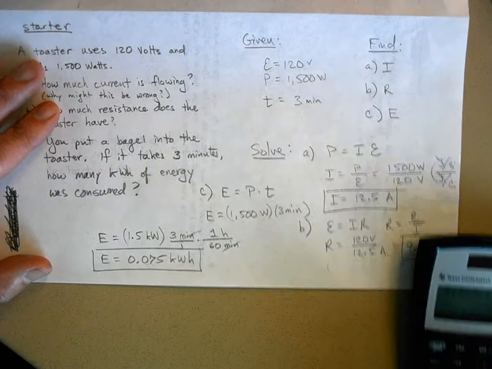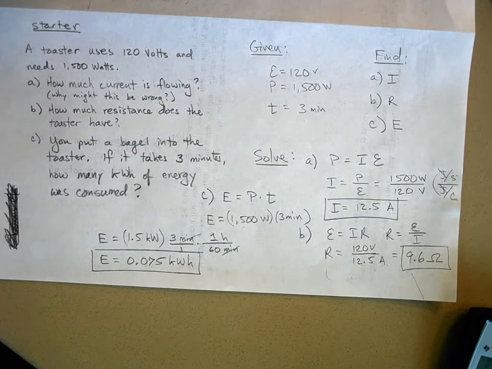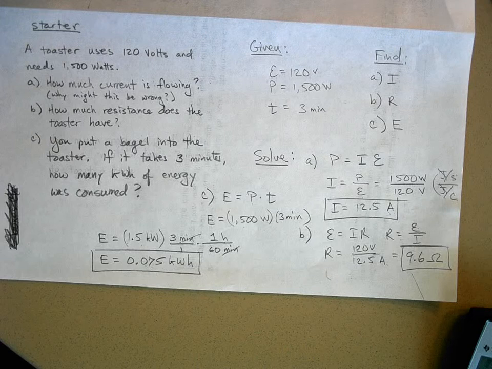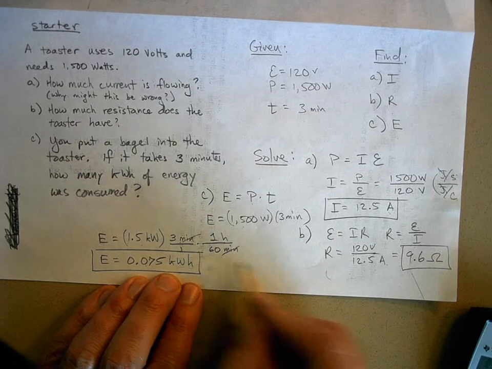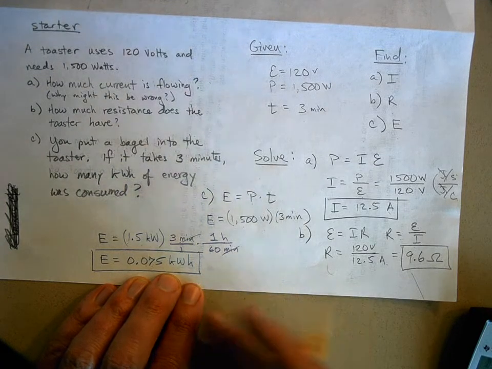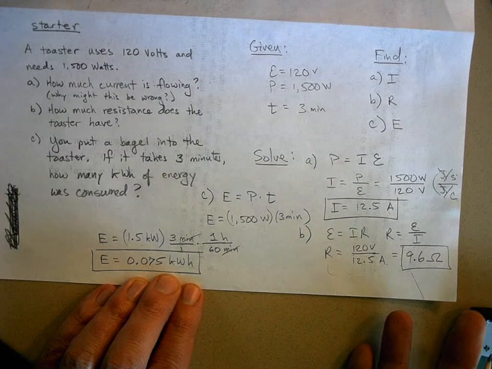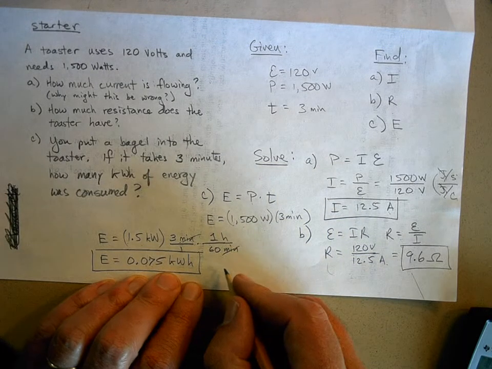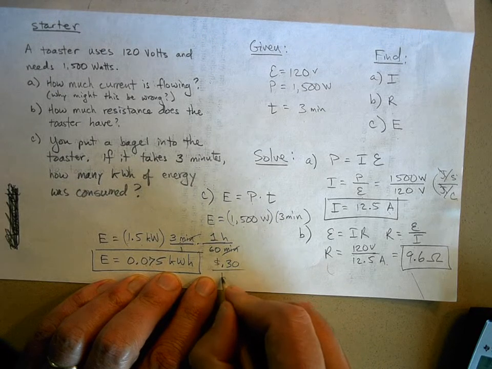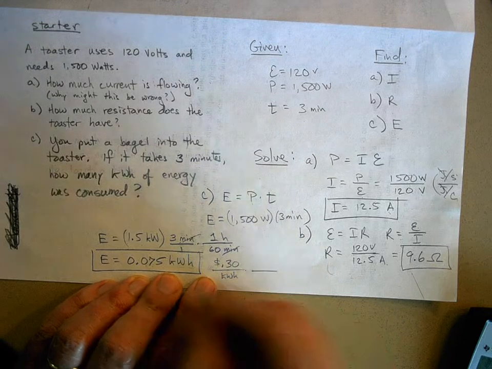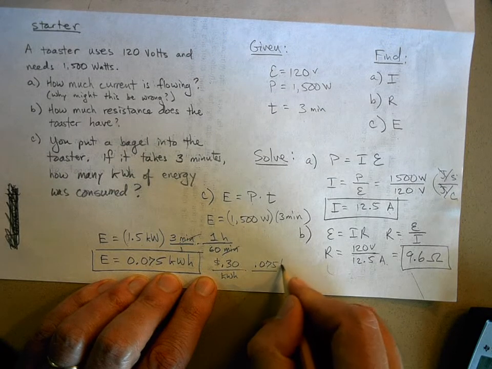So that's really not going to cost very much, because a kilowatt hour, let's say on average, is about 30 cents, the last kilowatt hour you pay for. So if you said, and I didn't ask for this, but if you want to know how much it costs to toast a bagel, you know it's $0.3 per kilowatt hour, but we only used 0.075 kilowatt hours here.